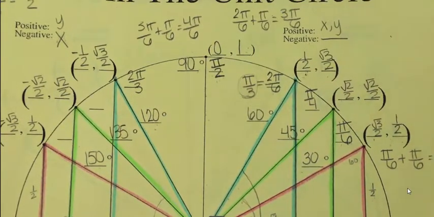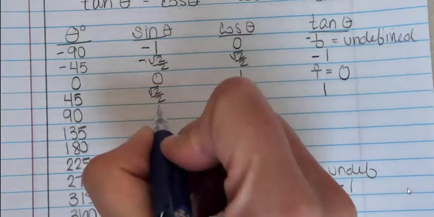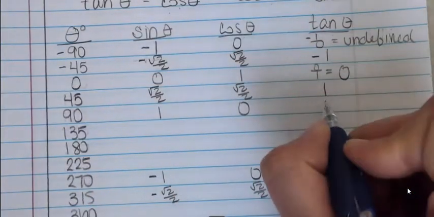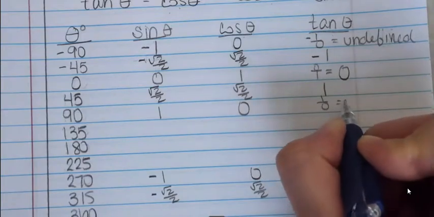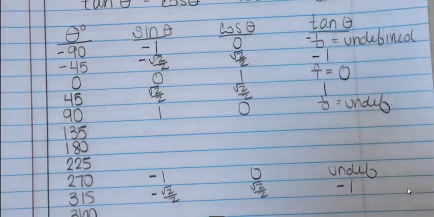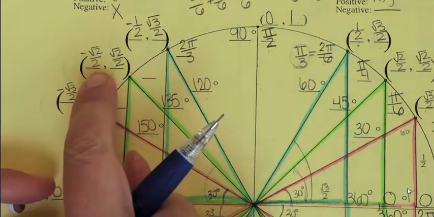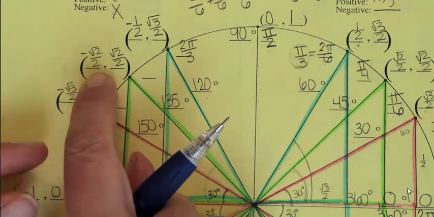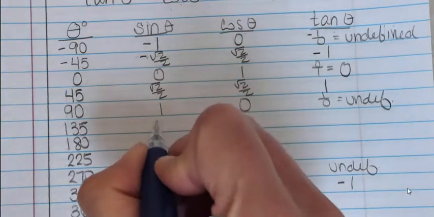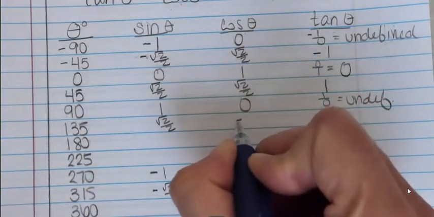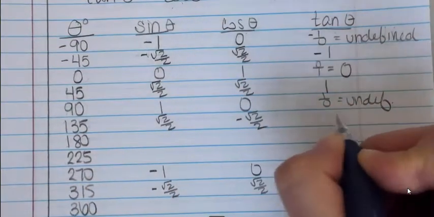At 90 degrees, it's going to be 1 and 0. Well, again, 1 divided by 0, that's undefined. Now at 135, the cosine value is going to be negative, but still root 2 over 2 for both. So I get negative 1.